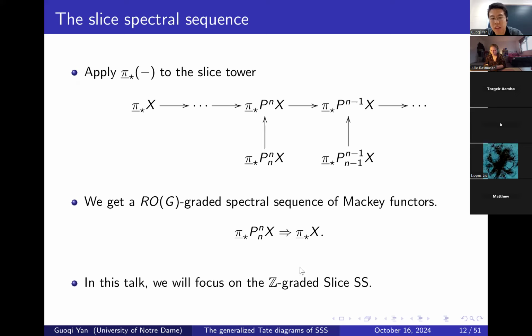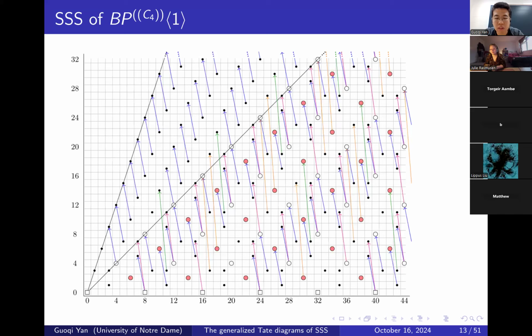So in this talk, for simplicity, I will focus on the Z-graded slice spectral sequence, but our theorems are proved for the general RO(G)-graded version. So here is an example of a C4 equivariant slice spectral sequence of BP C4 <1>. We can see D is not inverted, so this Bott class D is not inverted, so this is a connective theory, and it only has one cone.